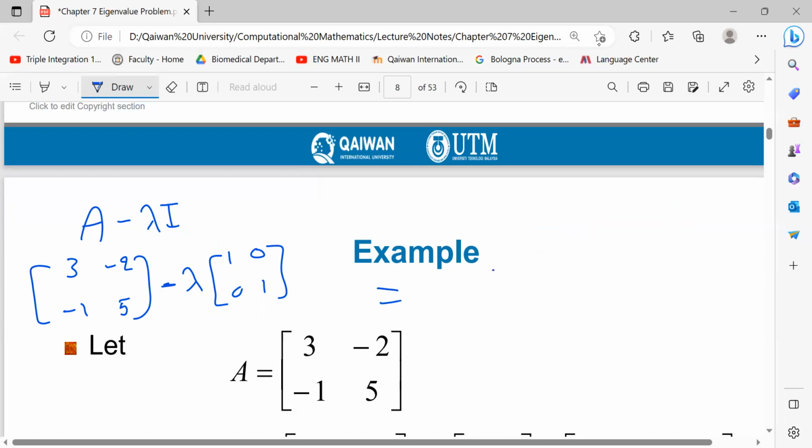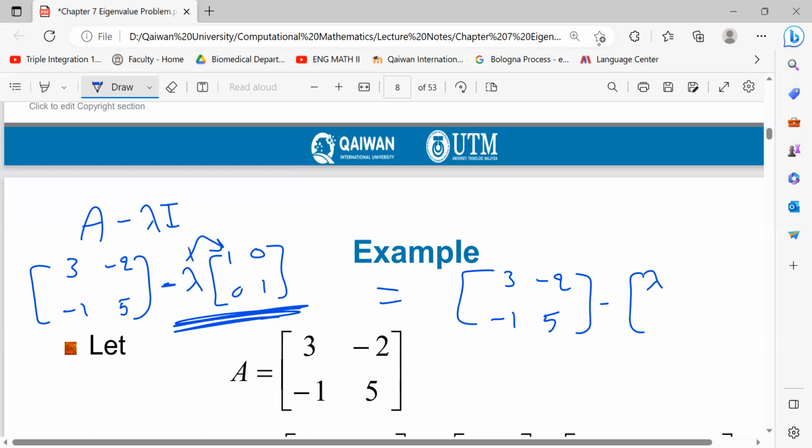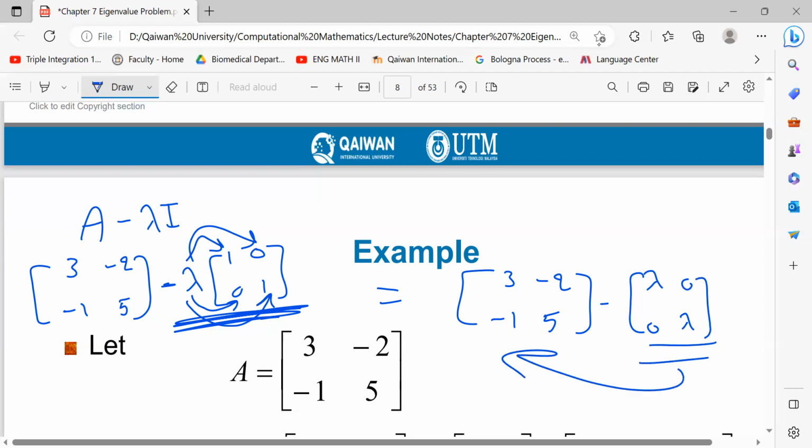This equals, let's rewrite the same: 3, minus 2, minus 1, 5, minus lambda multiplying this matrix. Lambda times 1 is lambda. Lambda times 0 is 0. Lambda times 0 is 0. Lambda times 1 is lambda. Now we subtract this matrix from this.